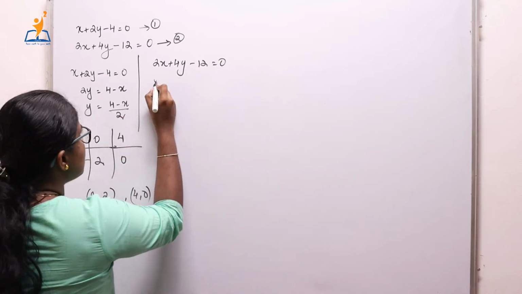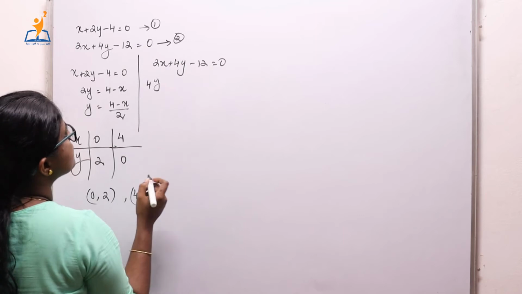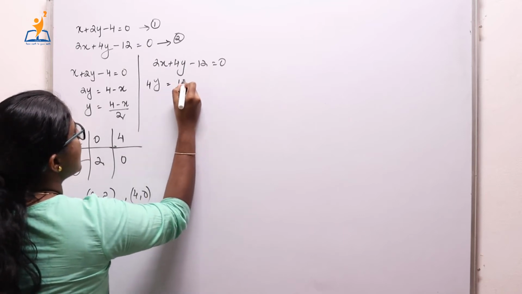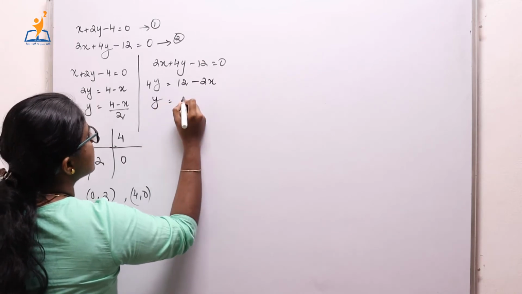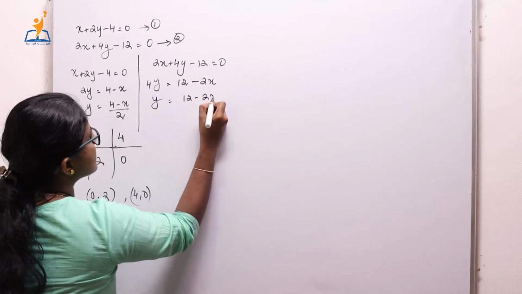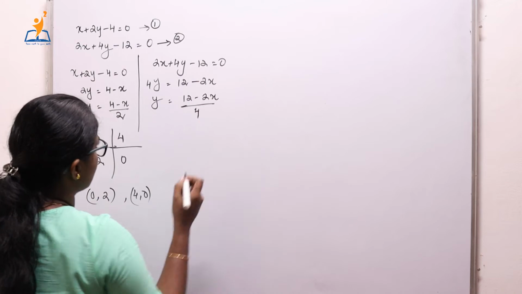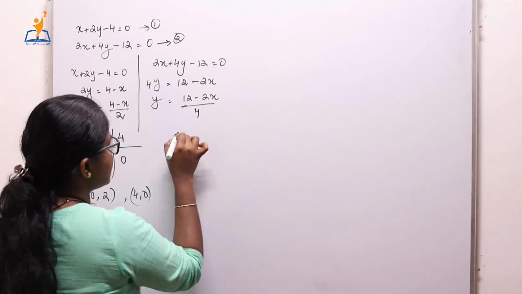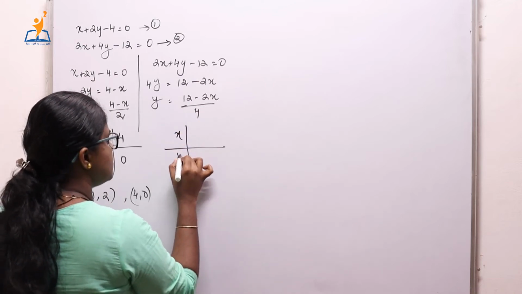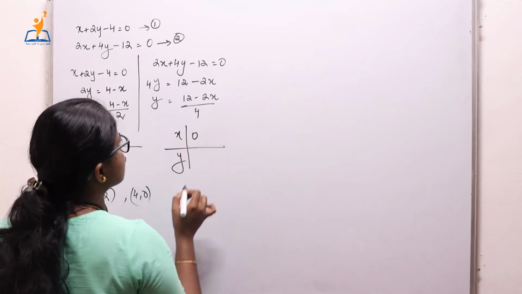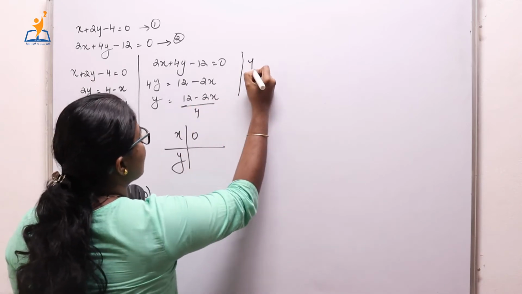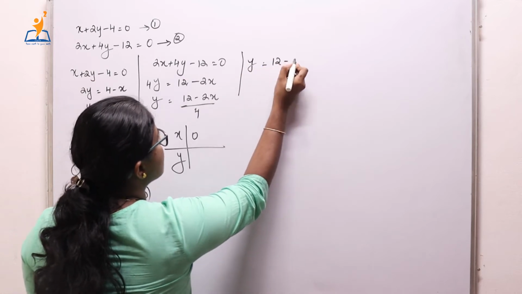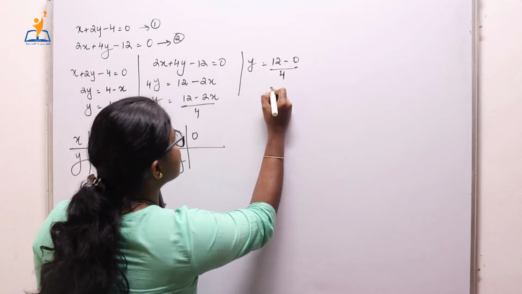Now we will find y from here, that is 4y becomes 12 minus 2x and y becomes (12 minus 2x) divided by 4. Now we will go for the solution set, that is, corresponding to x values we want y values. Let's put x equal to 0. Then y equals (12 minus 0) by 4, that is 3.